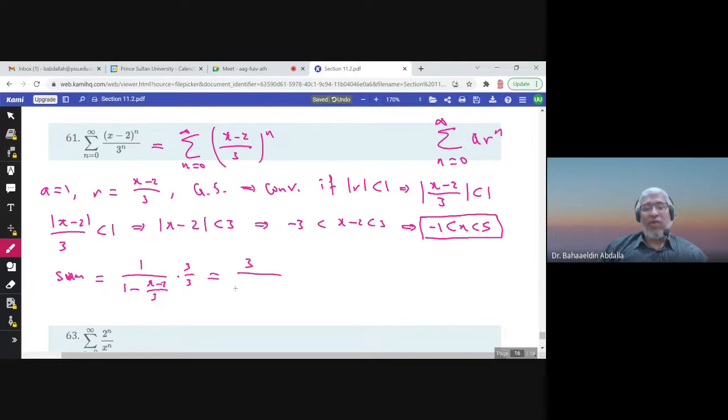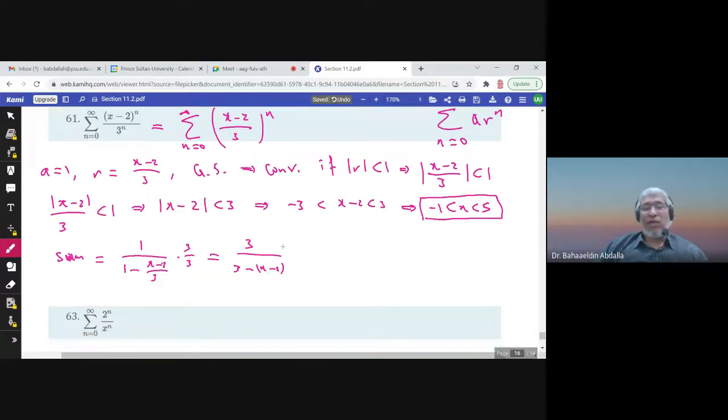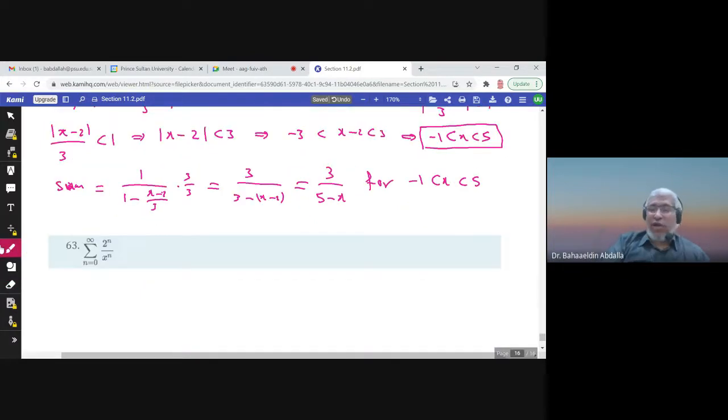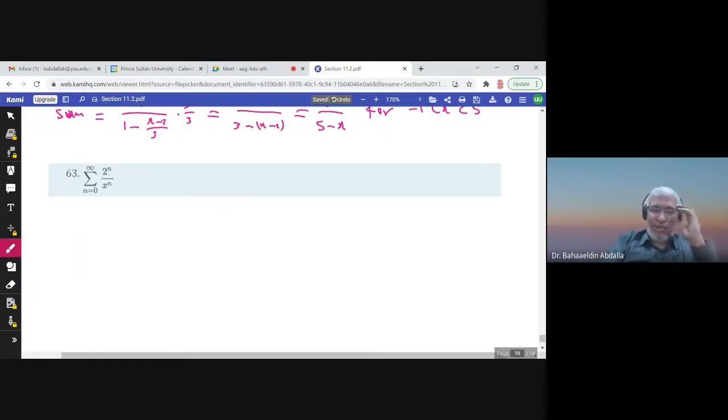So I will have 3 minus x minus 2, and this would be 3 minus x plus 2, so it's 5 minus x. So this would be the sum of the series for those values of x in which the geometric series would be convergent. For other values of x, it is divergent.